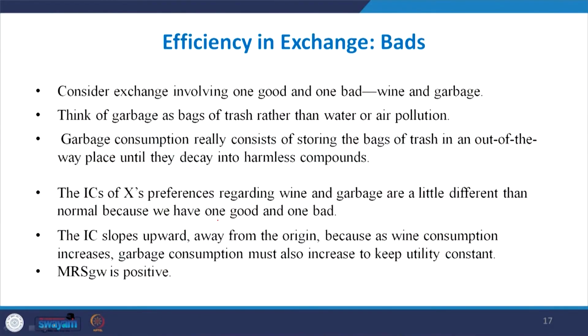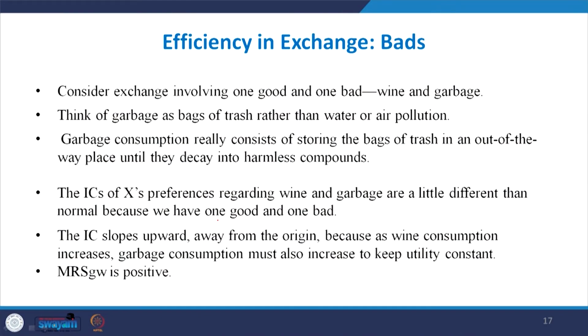In that case, first you have to draw the indifference curve of person X and the indifference curve of person Y. Since one is a good product, wine, and the other is garbage, a bad product, the indifference curve shape would be different, unlike the conventional indifference curve which is convex to the origin with negative slope.